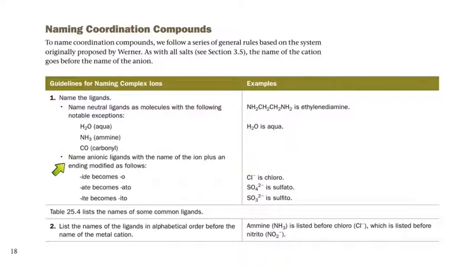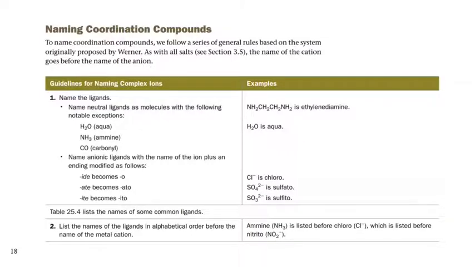If you have ligands that are anions, you're going to take the name of the ion and modify the ending. So if you have chloride as your ligand, we change that "ide" ending to O. So chloride becomes chloro.